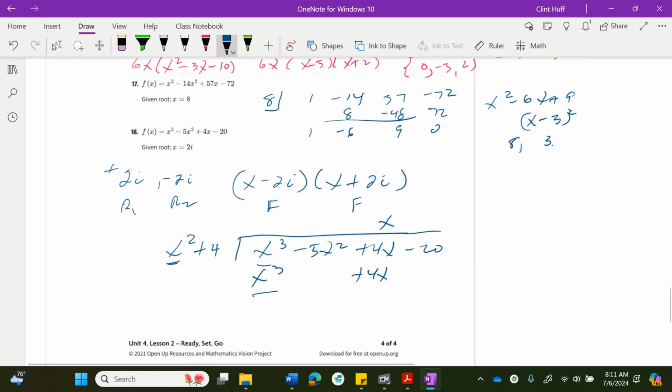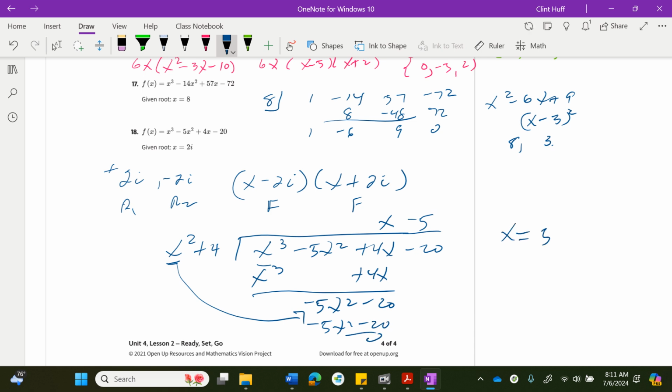Again, aligning like terms, when I subtract, it leaves negative 5x squared minus 20. This is sort of an iterative process. Now I divide the x squared into the negative 5x squared. I get negative 5. And that aligns perfectly. It gives me a remainder of 0. So my other root of x is equal to 5. So I get 2i, negative 2i, and 5.